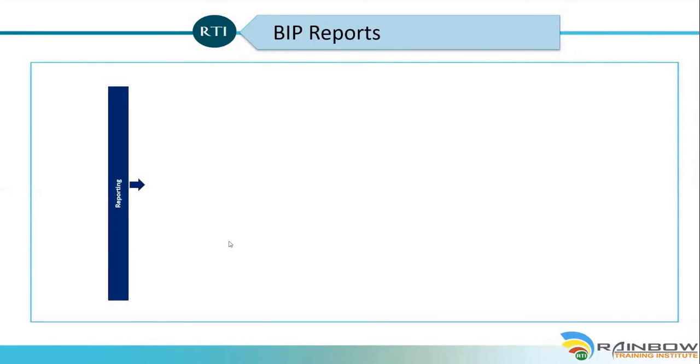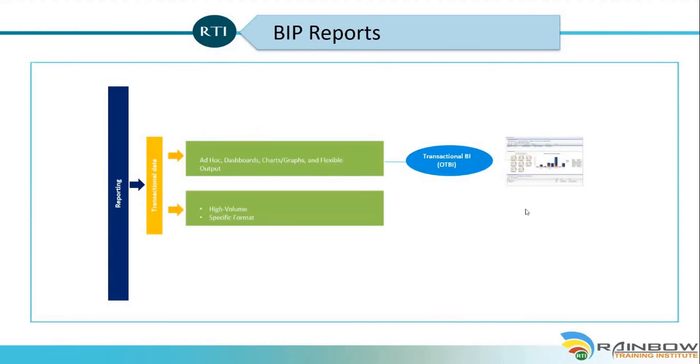There are a couple of points that we cover. To report on transactions, there are 2 options. You can create it as a BI Publisher report, or you can create it as an OTBI report. What is a transactional database report? It's like an AR invoice print report or a purchase order print report, right?